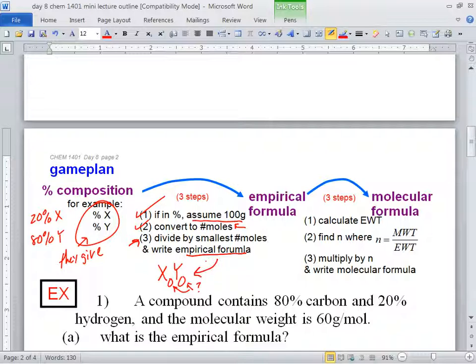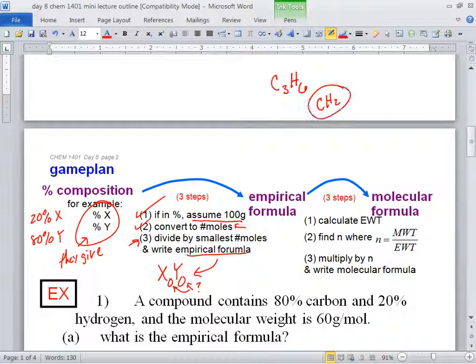Okay? It's kind of like if you had, let's make one up, C3H6. That's not the simplest ratio of subscripts. The simplest ratio would be CH2. So that's what empirical formulas are. They're the simplest ratio.